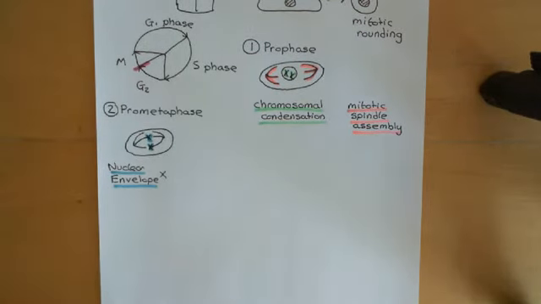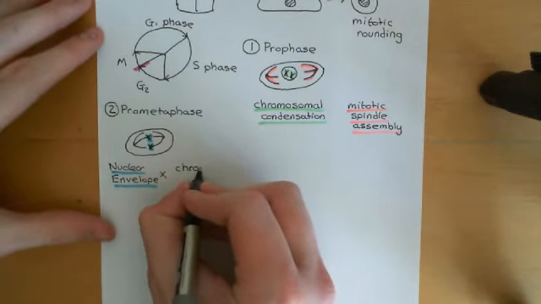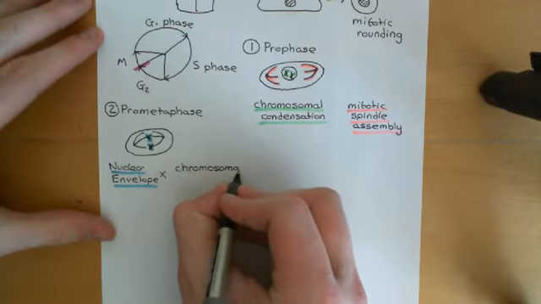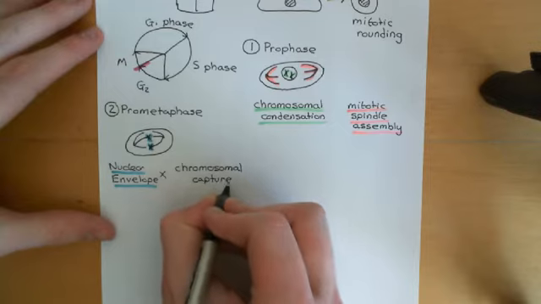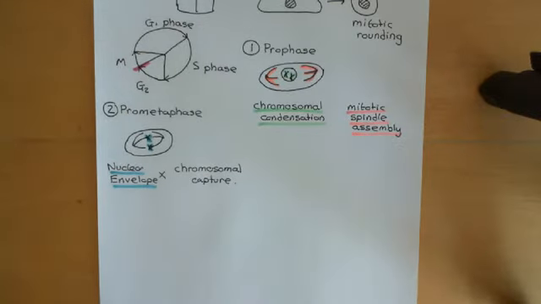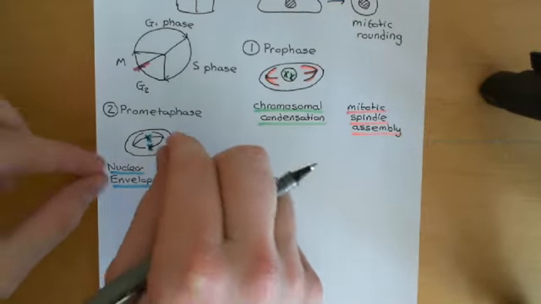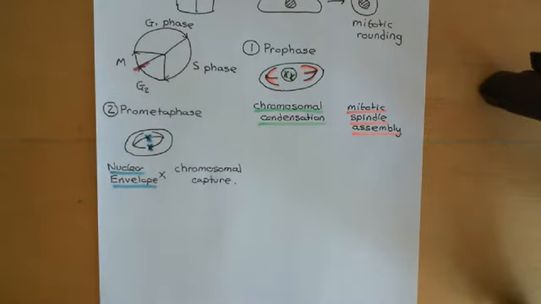The other thing is that some of these microtubules of the mitotic spindles are going to actually attach to the sister chromatids. This is a phenomenon known as chromosomal capture. Now it's not going to be complete yet. It won't be complete until every single one of the sister chromatids has a microtubule from both mitotic spindles attaching to one of the two in the pair.